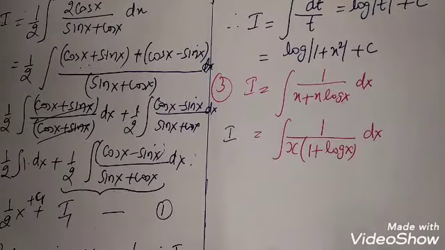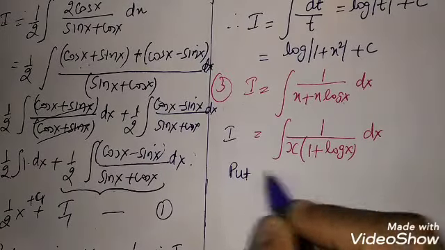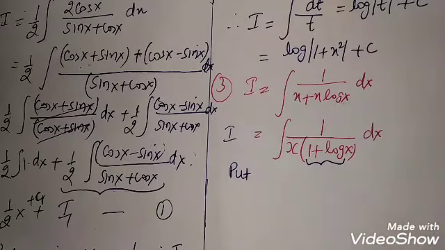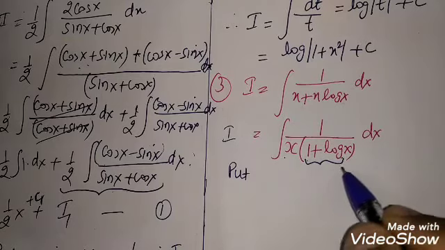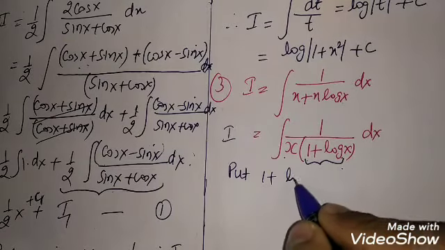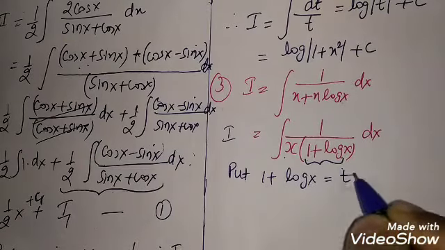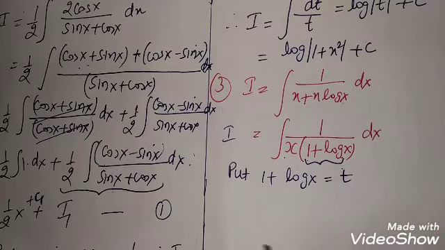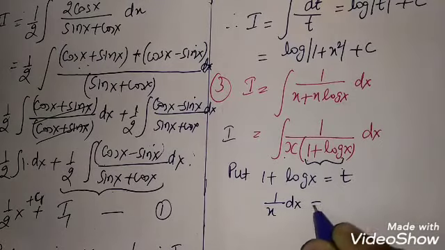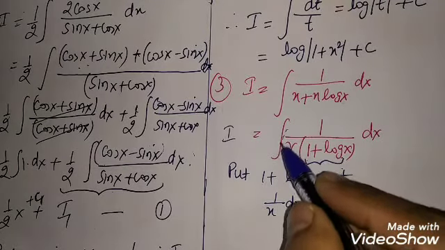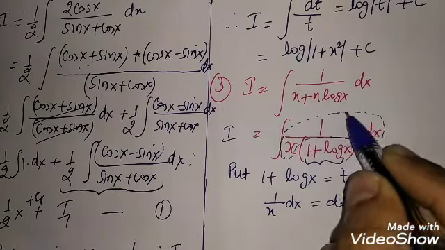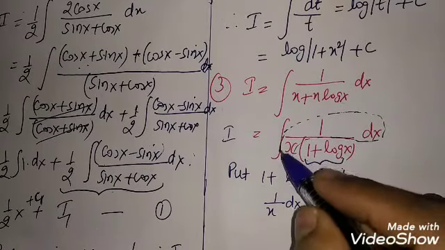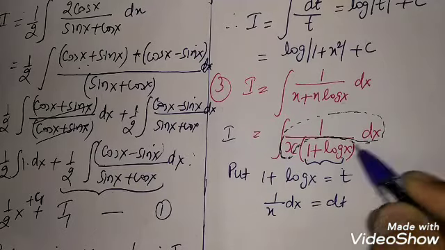First of all, think in mind that the derivative of 1 plus log x is 1 upon x. So put 1 plus log x to be t, any variable; I am always putting t. So 1 by x dx equals dt. The value of this whole thing is dt, and this is t.